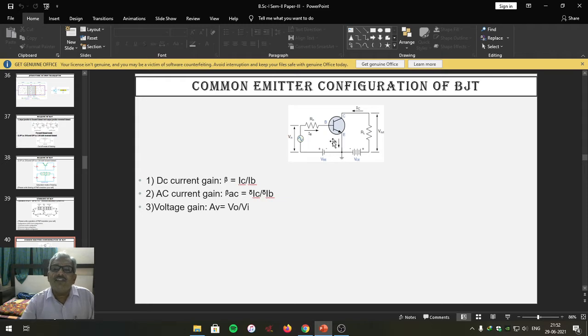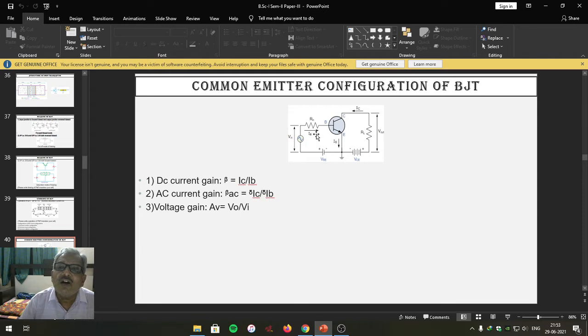Friends, in this case, this is the input signal which is represented here. Vin is the input signal which is applied between base and emitter. This is the internal resistance of the input signal. You may consider it a part of the signal source itself, which is in series with the input source.